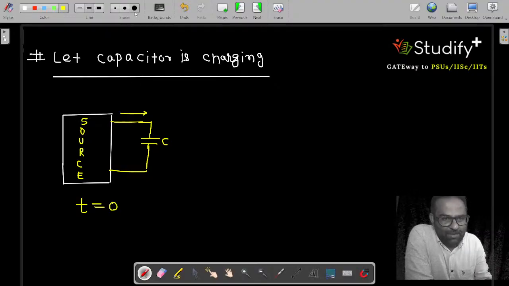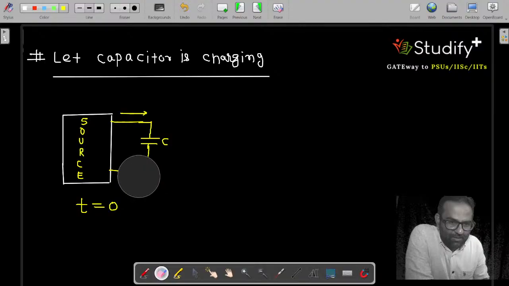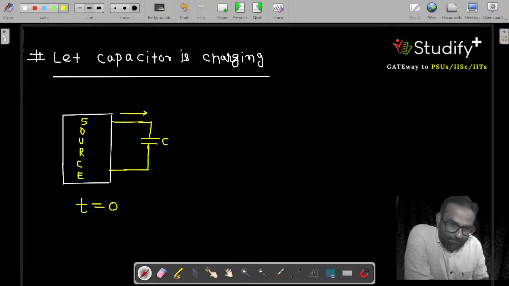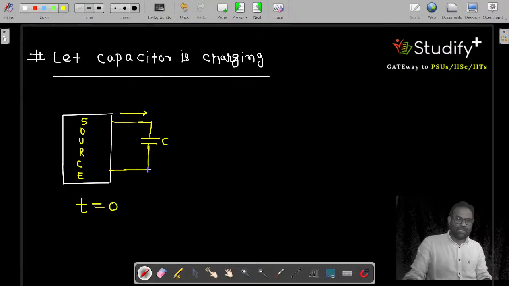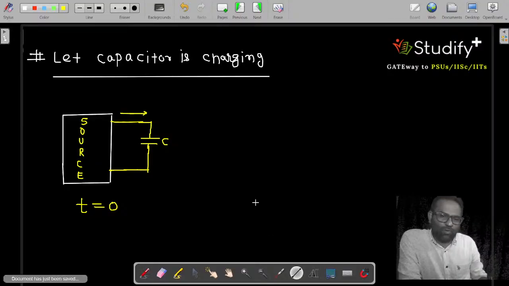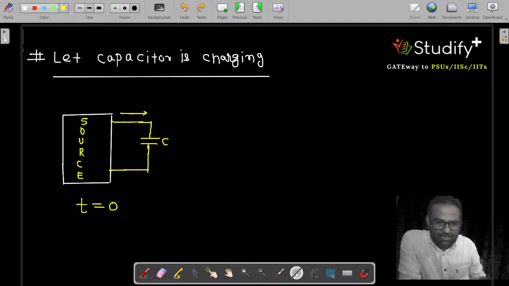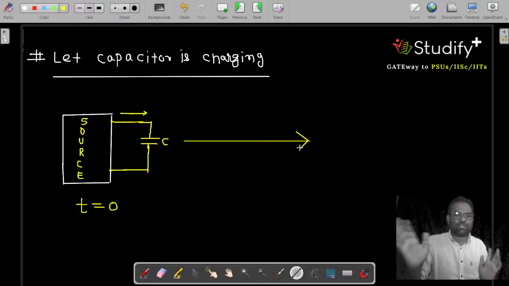I want to know the behavior of this capacitor at t equal to infinity, meaning its steady state behavior. Let's say this is the point where we have achieved the steady state.